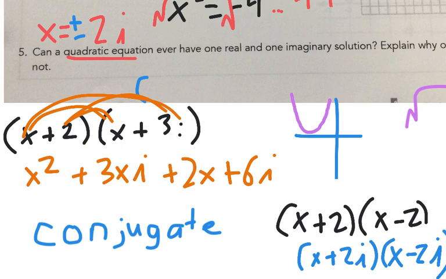I squared is the same thing as negative 1. So I can substitute in negative 1 for i squared, and the imaginary number goes away. And it's a real coefficient polynomial that can be a quadratic. Polynomials, the things we're working on, must have real number coefficients. They can't have imaginary coefficients, or they wouldn't be a polynomial by definition.